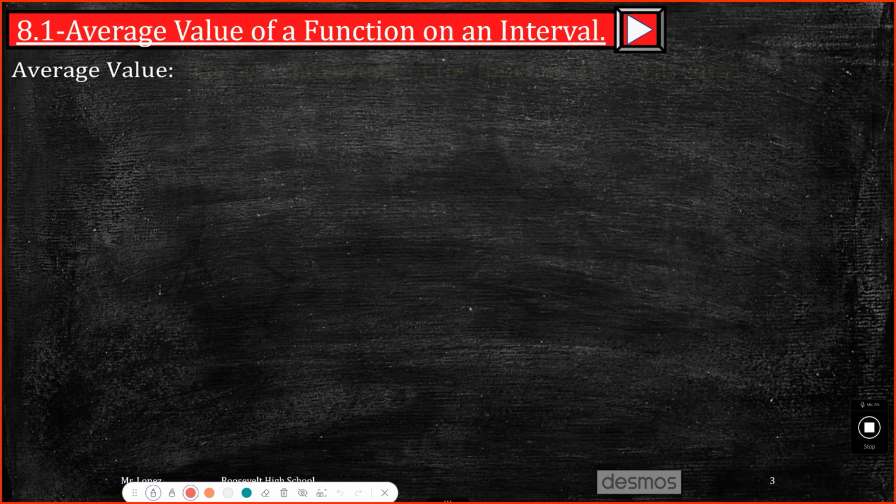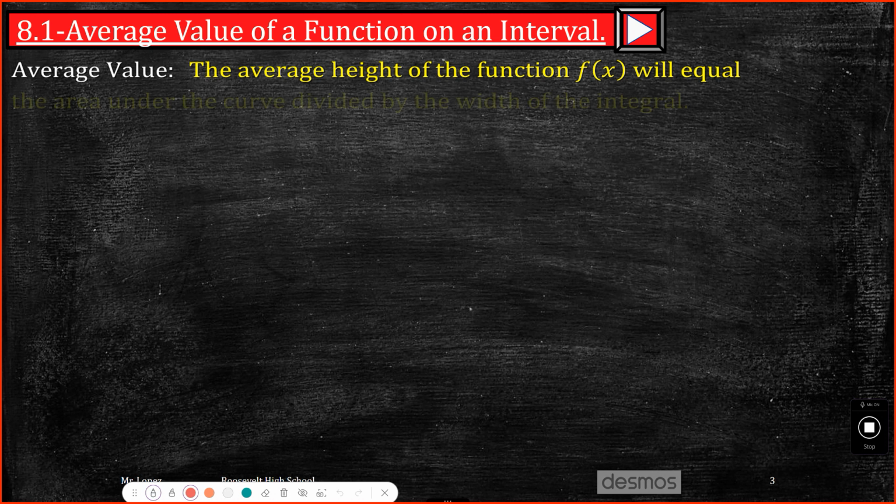What's an average value? The average height of the function f of x will equal the area under the curve divided by the width of the interval.